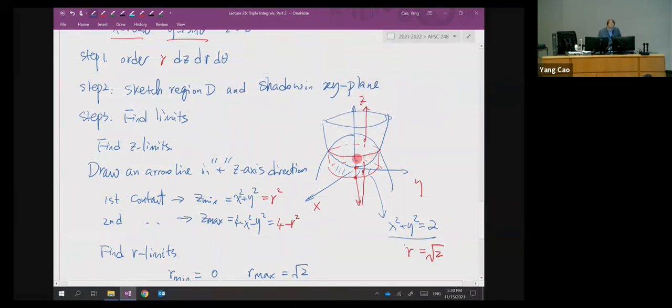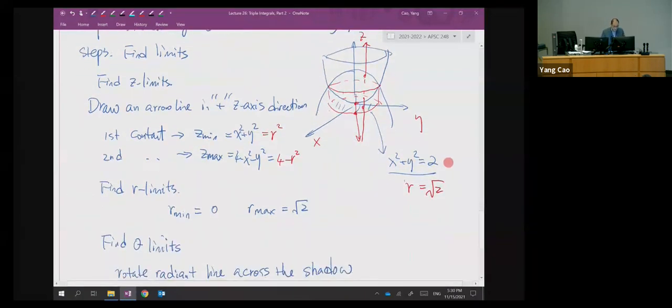But because r and theta are determined by the shadow, the rule of thumb is: if the shadow of the region D is a circle, then chances are you can use cylindrical coordinates. That's the rule of thumb. Sometimes, as we'll see after learning spherical coordinates, both cylindrical and spherical coordinates can work for a certain question.